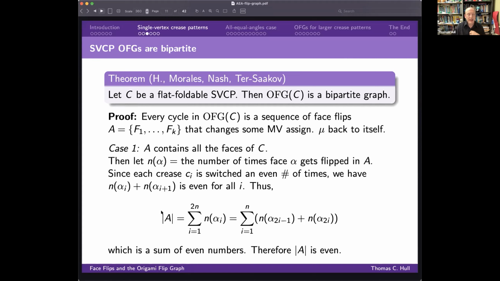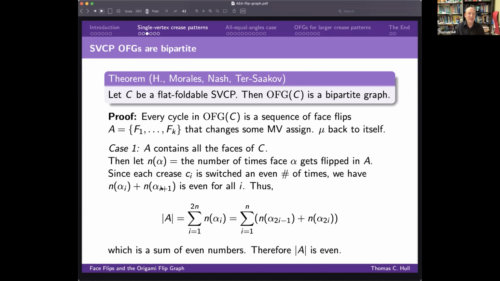So therefore, if I look at the size of my sequence A, remember I'm trying to prove that this is an even cycle. So I'm looking at the size of this cycle in my flip graph A. The size of that will be the sum of the number of times each face appears in that sequence, and that's what n of alpha I is. So just add up all those things for all the faces, and that'll give us the size of A. But then I could split that sum up into pairs of adjacent faces and add those up.